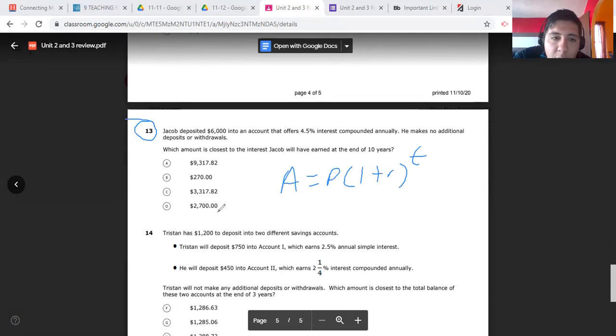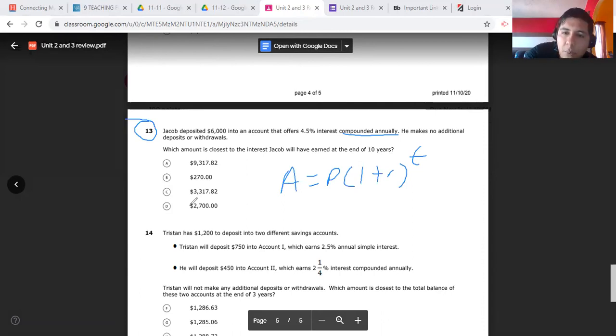So the same thing, we want to say, okay, Jacob deposited $6,000 into an account that offers 4.5% interest compounded annually. And the time should always be in years, okay? If it's months, then we have to turn them into years. If it's days, same thing, we have to turn it into years. So he makes no additional deposits. Which amount is closest to the interest Jacob will earn at the end of 10 years, okay?